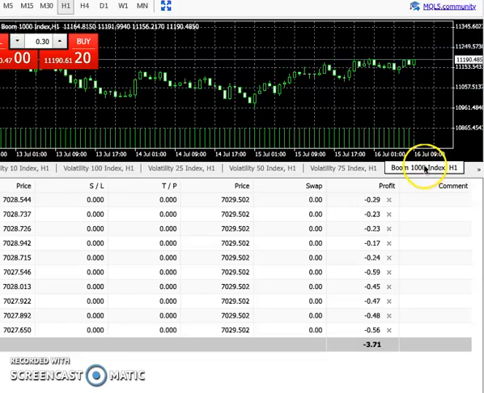So Boom 1000 index, right? It spikes every, okay, so it's on a buy. Boom spikes every 1000, like steps.